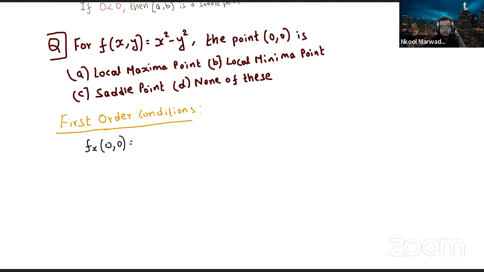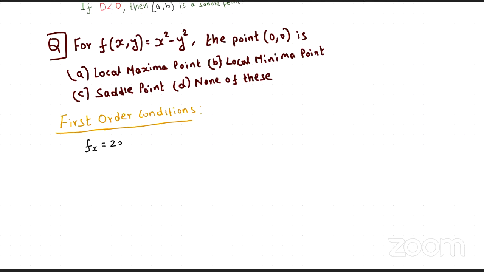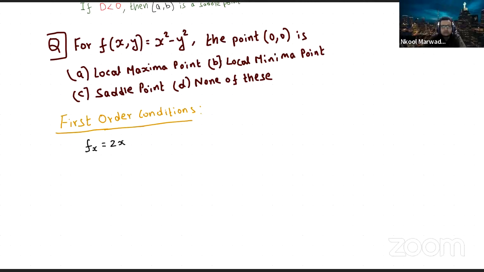It will be 2x, so 2 into 0 is 0. Then the partial derivative with respect to y, because we will be needing double derivatives. So first I will do f of x is 2x. Then I will do f of y, the partial derivative of the function with respect to y. It is minus 2y, isn't it?